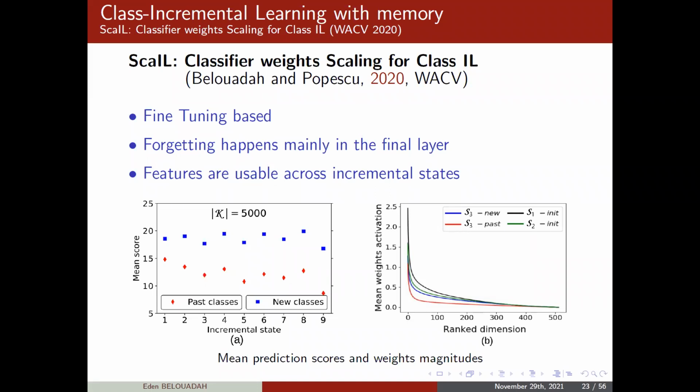Just intuitively, the final layer is where we compute the gradients and start the backpropagation, and it's the classification layer. So of course the forgetting occurs more in this layer.